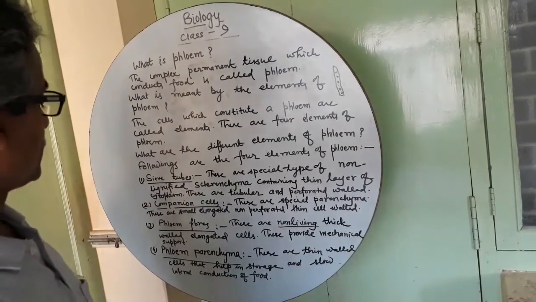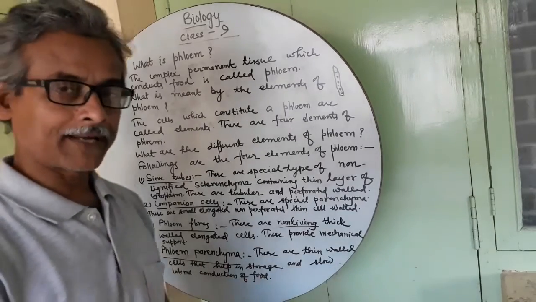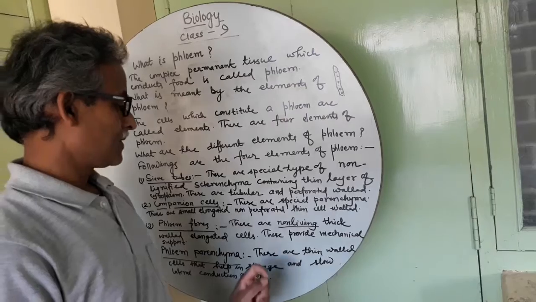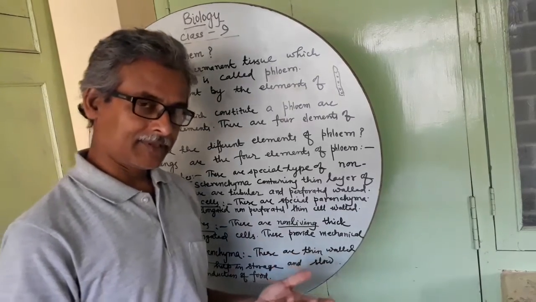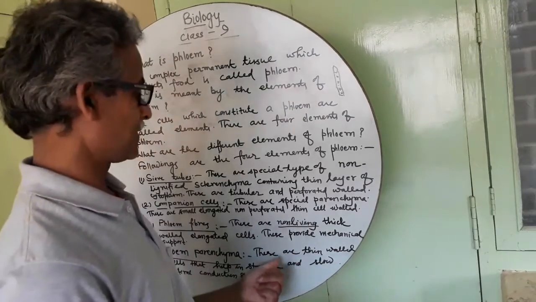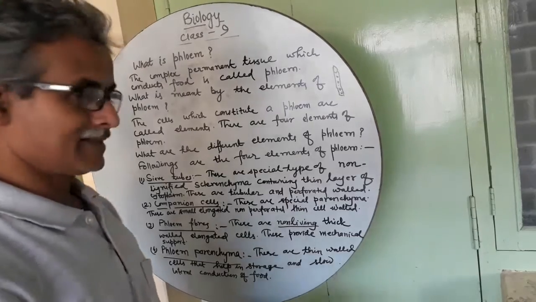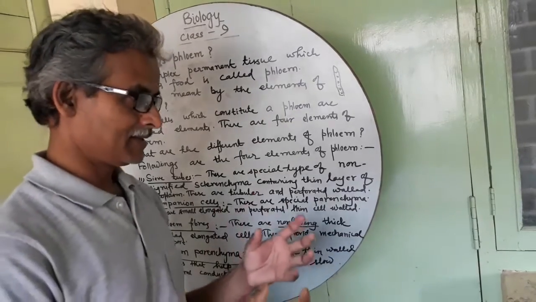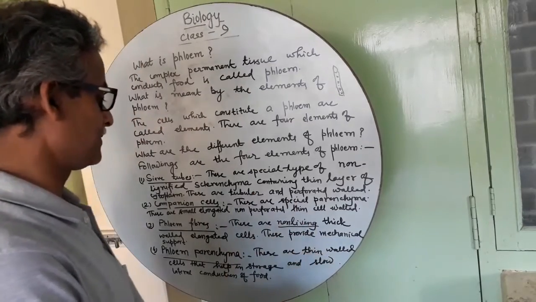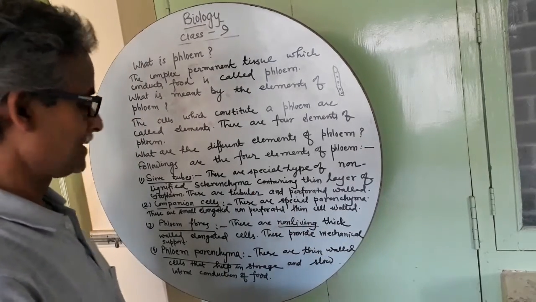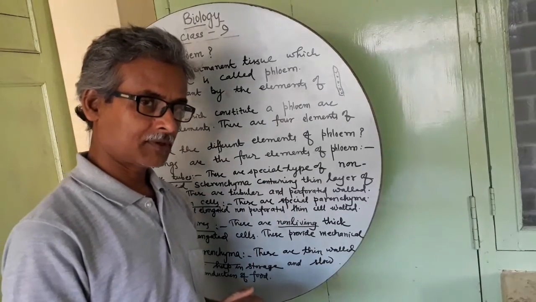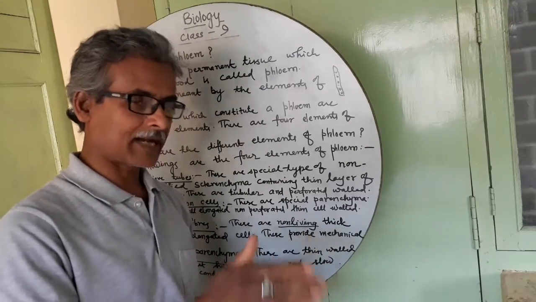And the last one is phloem parenchyma. As these are parenchyma, these are thin-walled and these are living cells, and these help in the storage of food materials, and these help in slow conduction of food material in the sides.